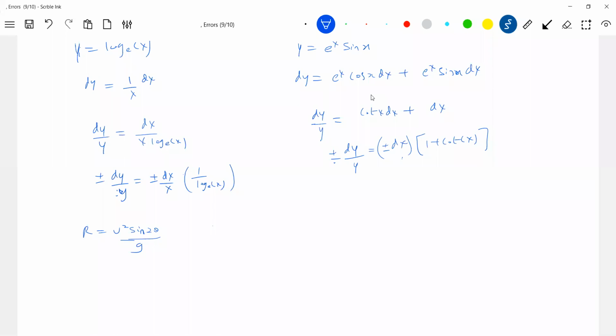I'll differentiate this. We have three functions here, no? So first dR, differentiating with respect to g: u square sine 2 theta becomes minus u square sine 2 theta by g square dg.